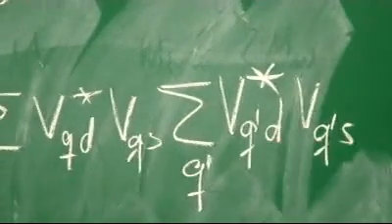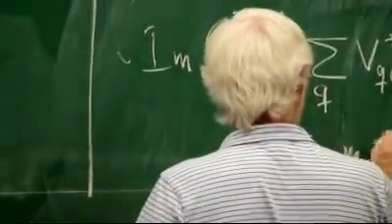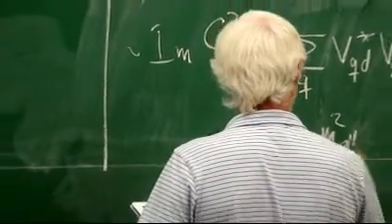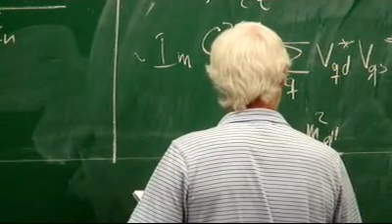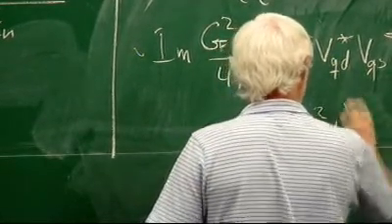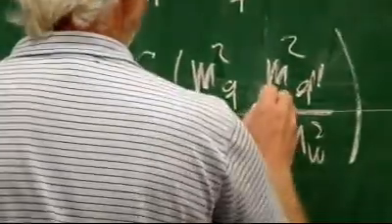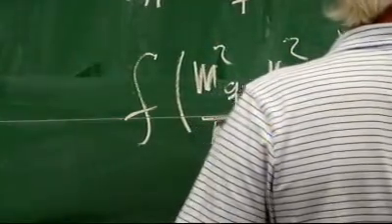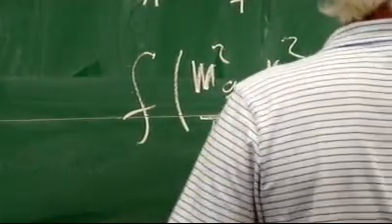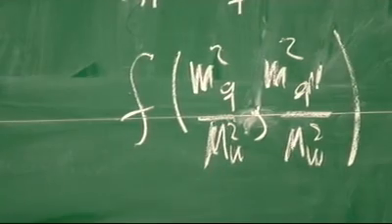And now the function depends on the quark on each one of the two lines, Q and Q prime, over mW squared, just like before. So it's very similar to what we did before, but now it has two masses that we have to deal with. And finally, there's this operator, S bar D, which is what I brought down there, but I'm saving time.